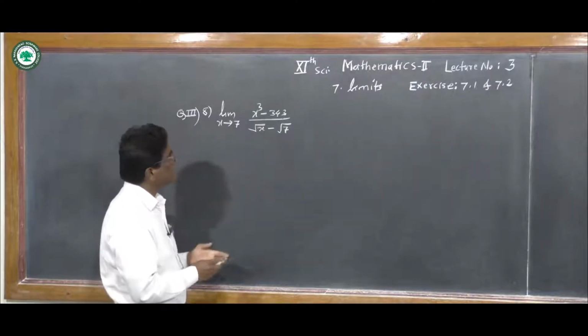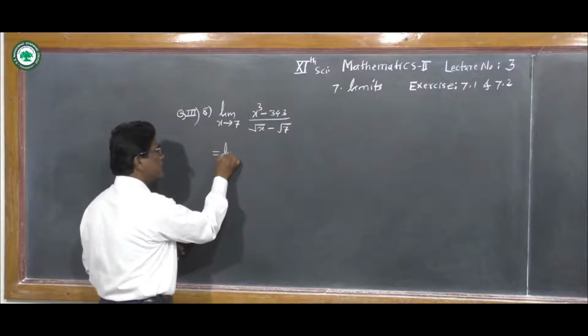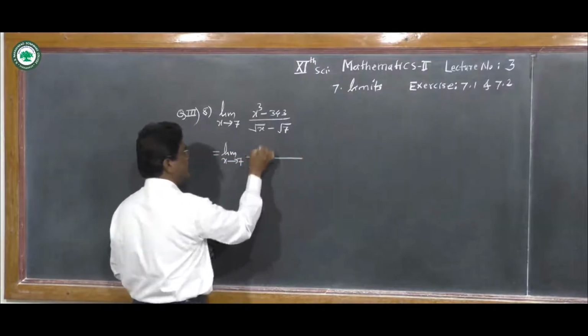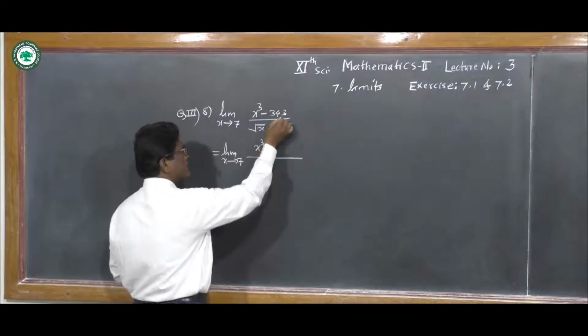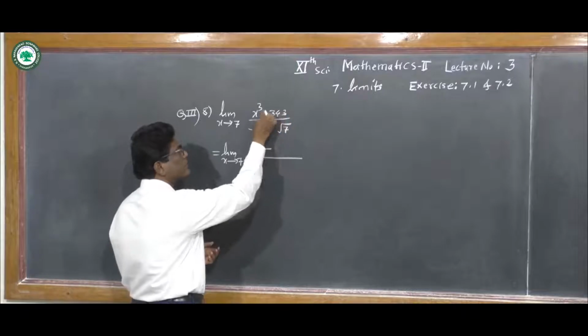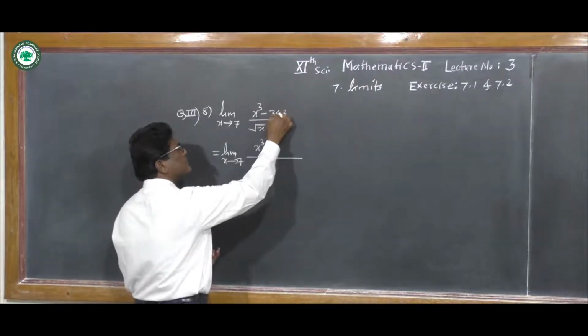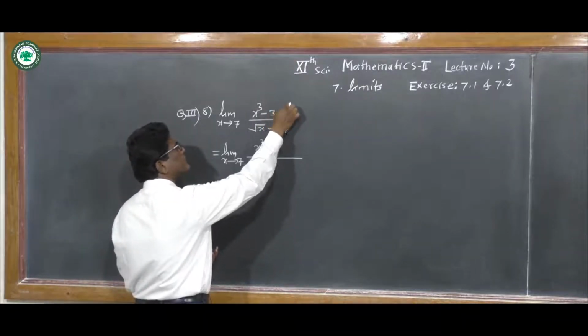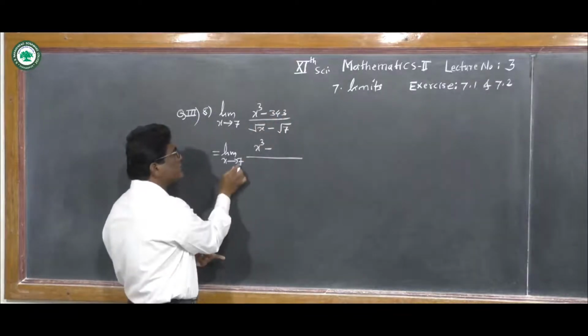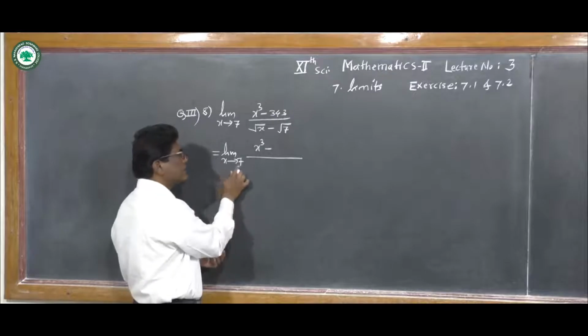So here we write this is equal to limit as x tends to 7. Here x to the power 3 minus 343, 343 is the third power of some number, because here the power is 3. Which number? That number should be 7, because here limit x tends to 7.